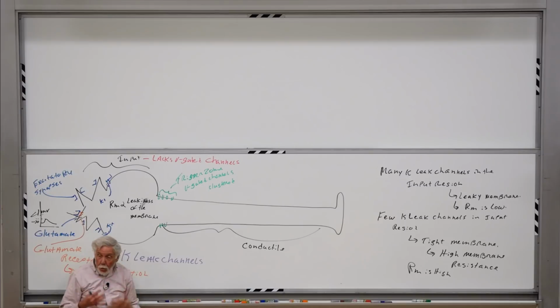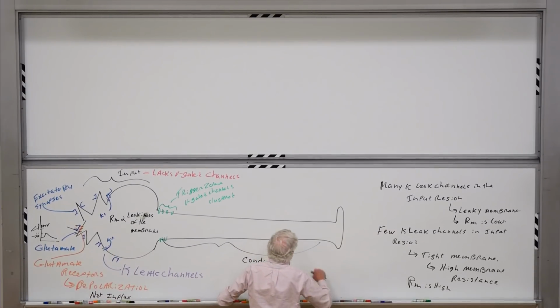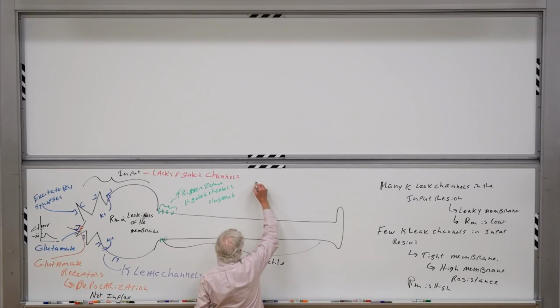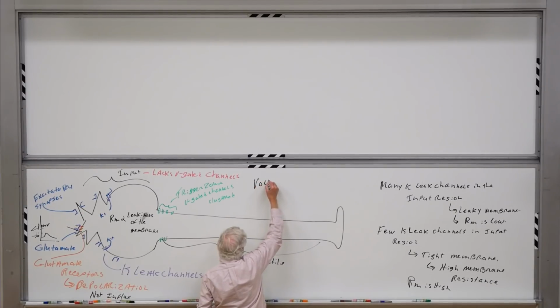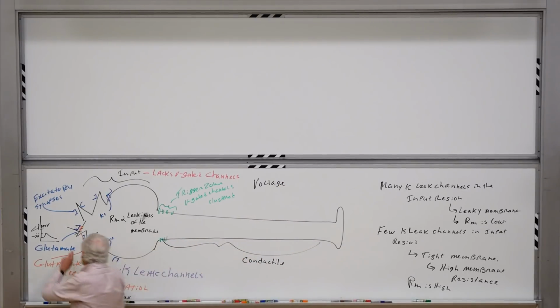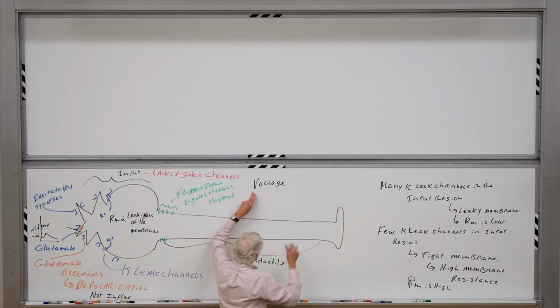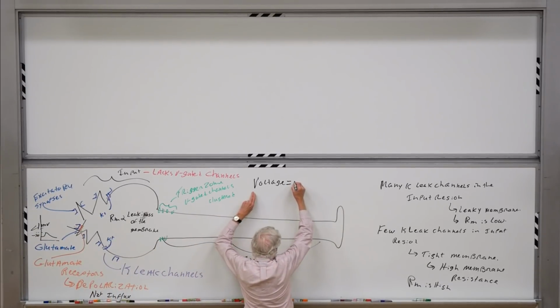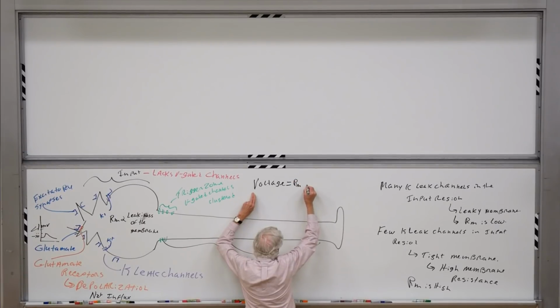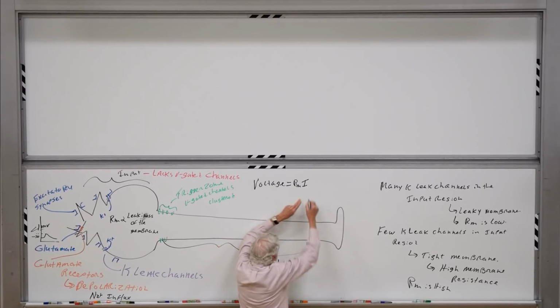Well, why is that important? It becomes important because we can think about the voltage. This depolarization that we saw here, this change in voltage, is equal to R sub m times I. Now, I is simply current.